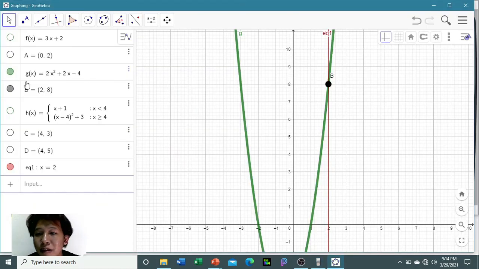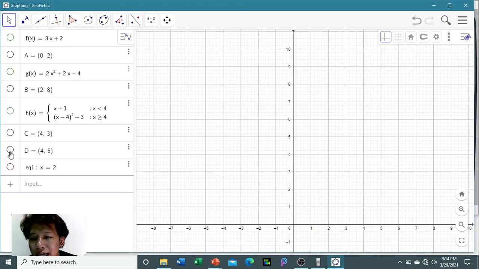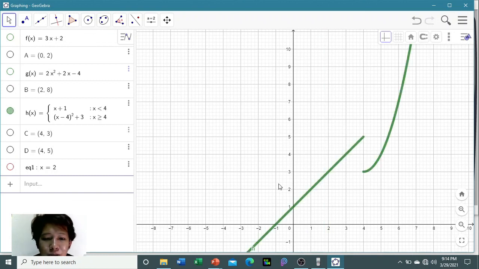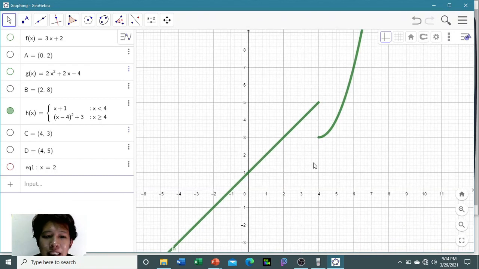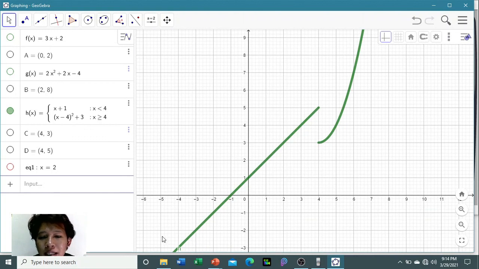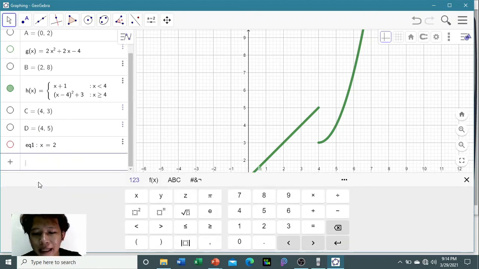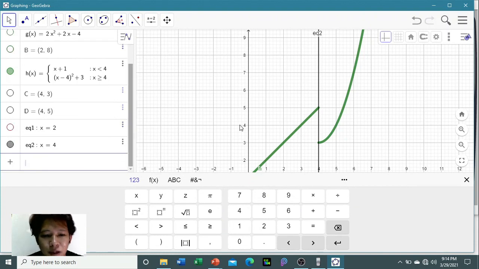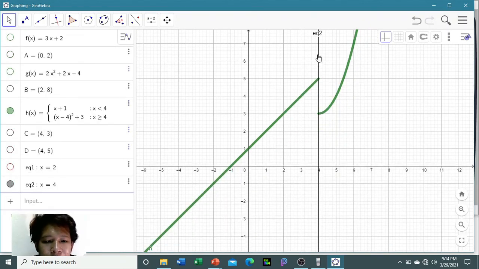So, paano po natin siya i-illustrate? So, let us try to graph the piecewise function. If we're going to graph the piecewise function, then this would be the image or the illustration. And if you notice, gawin natin, we have x equals 4. Pakita natin si x equals 4. Okay, so si x equals 4, habang lumalapit ka from the left, ang makikita mo or mag-approach na value ay kay 5.